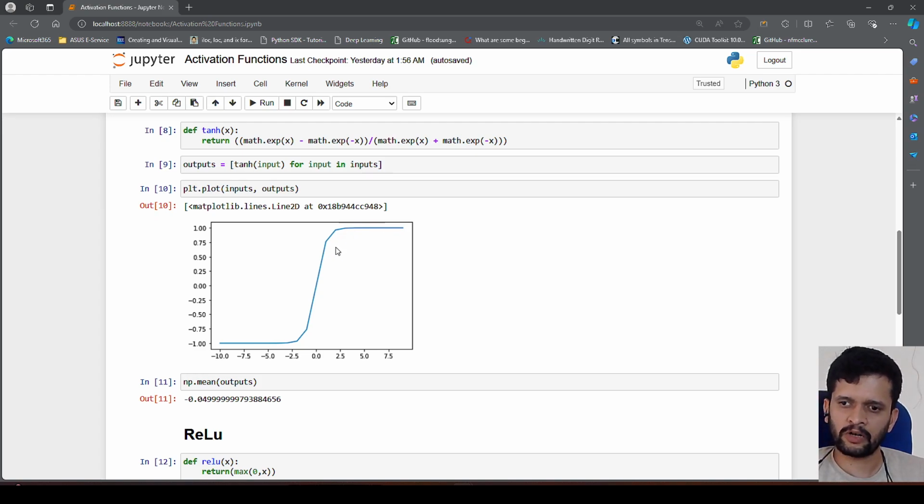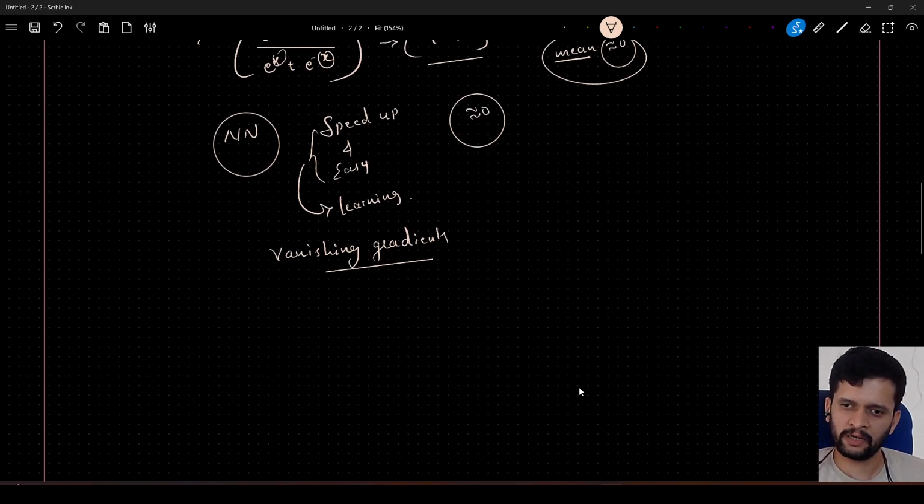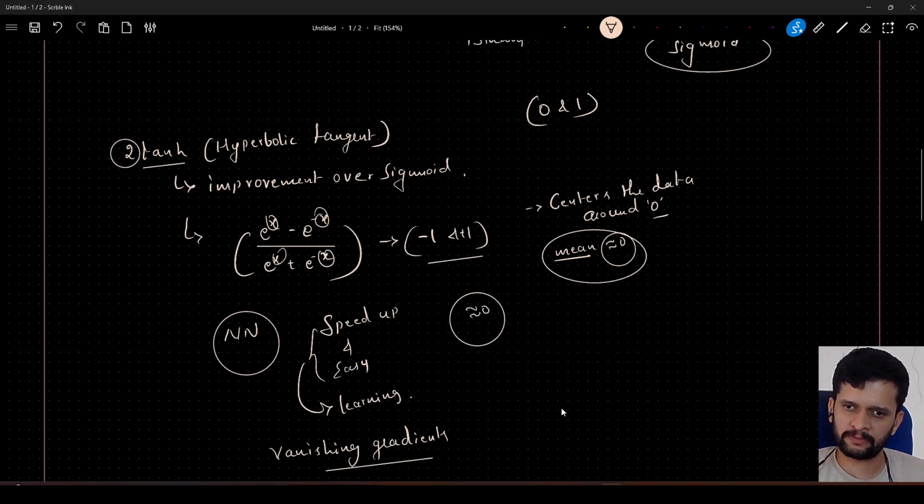During this time we will have gradients which are equal to 0 or very small, and then again we will end up learning nothing. Our cost will not be converging. So this is with respect to tanh.